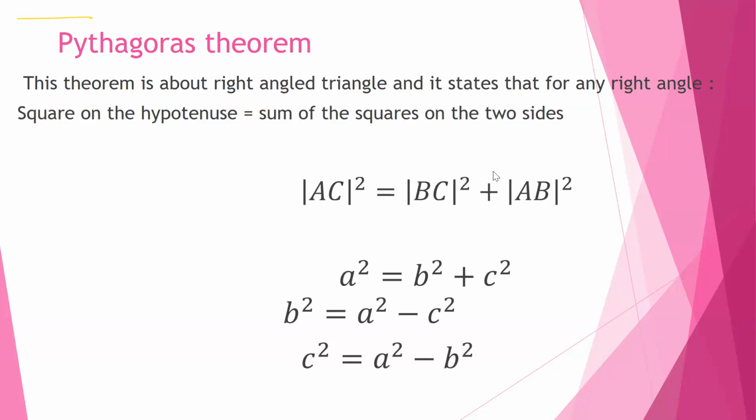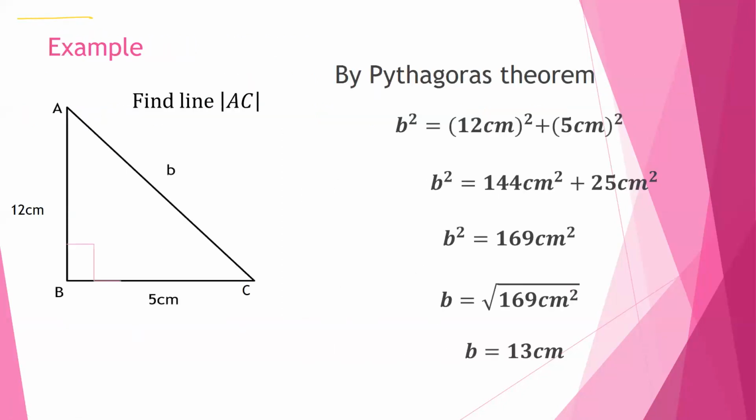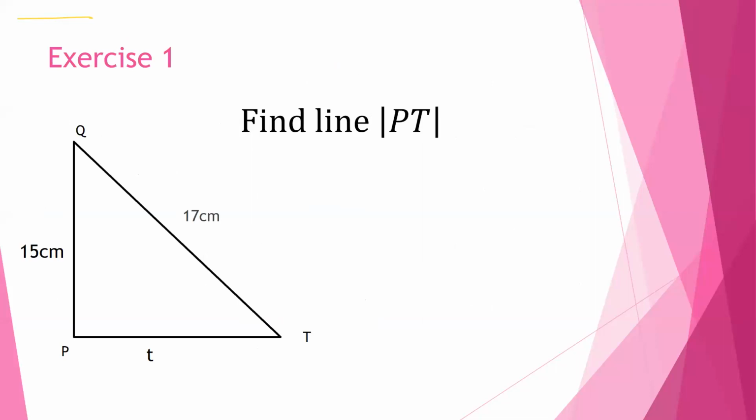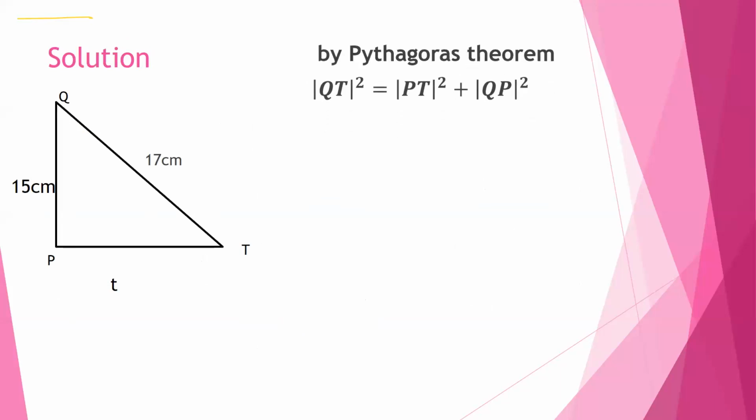Okay. So let's move on and then let's solve the exercise I gave you. We were saying that you should find line PT, right? Find line PT. So here too, you should know that you do a change of subject, like he was asking. We know that line QT squared should be equal to line PT squared plus line QP squared.